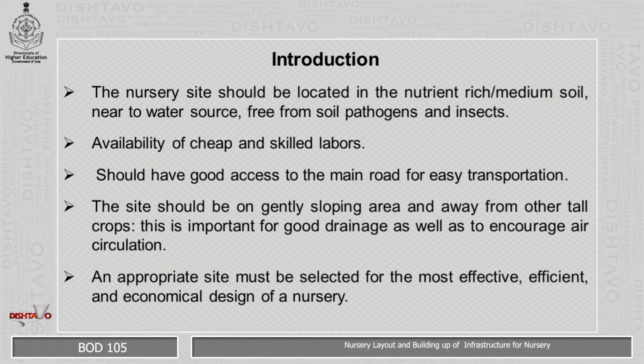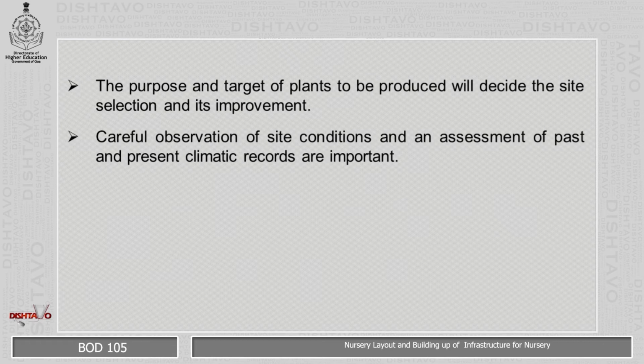An appropriate site must be selected for the most effective, efficient, and economical design of the nursery. The purpose and target of plants to be produced will decide the site selection and its improvement. Which kind of crop is to be propagated, and the purpose, also play a very important role in deciding the place where the nursery is being started.